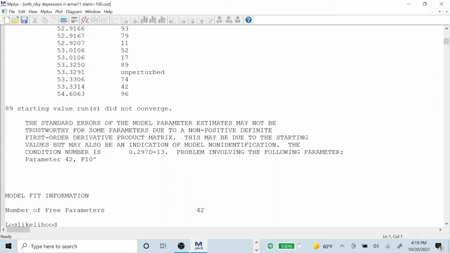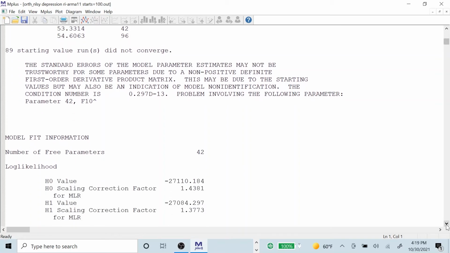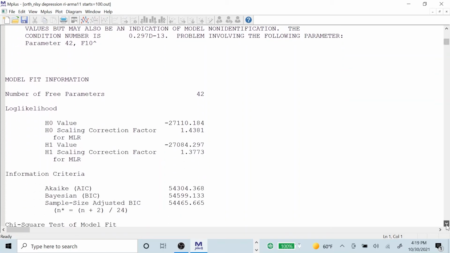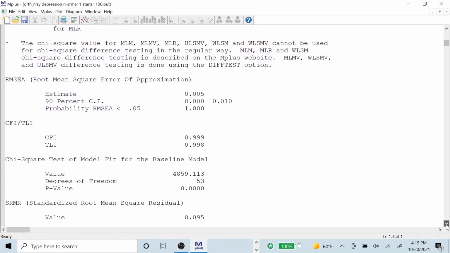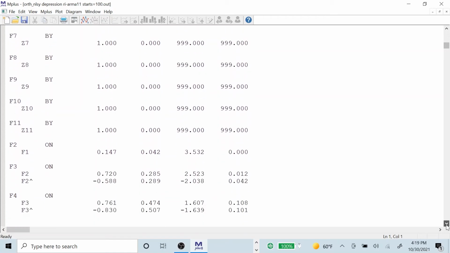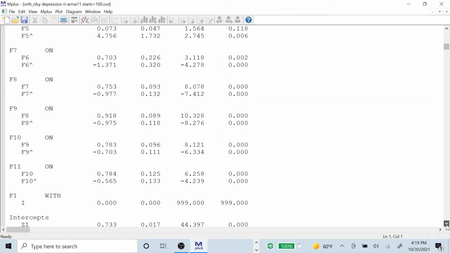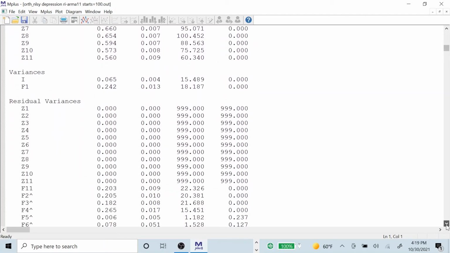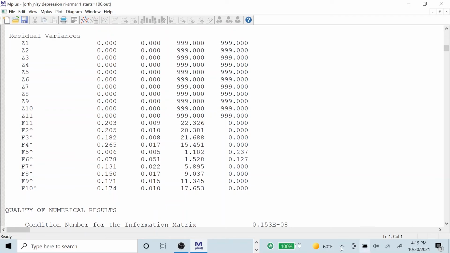So you have a very low condition number, which says that the model is teetering on not being identified. And FT hat, let's see, what do we have here? All of them are positive, the variances, but nevertheless, it's not quite a trustworthy solution.